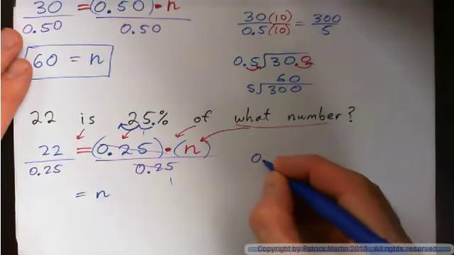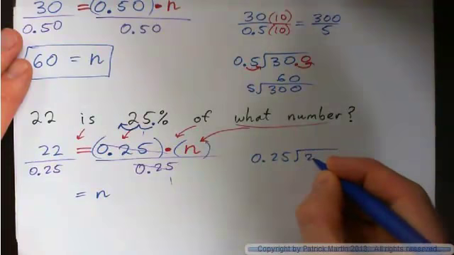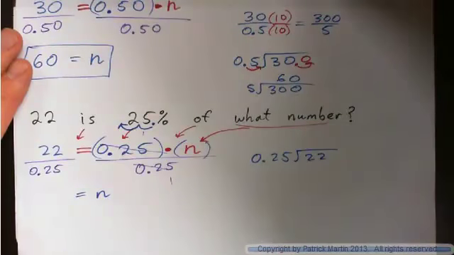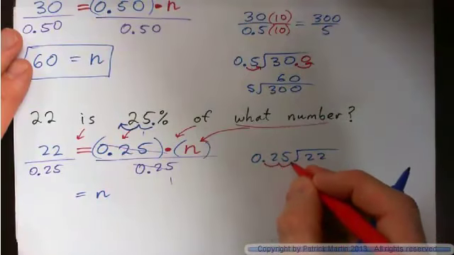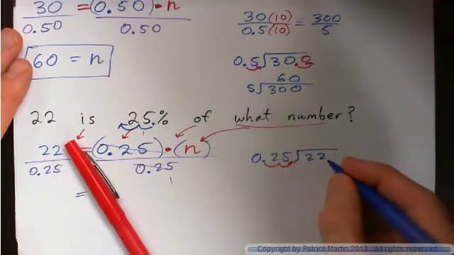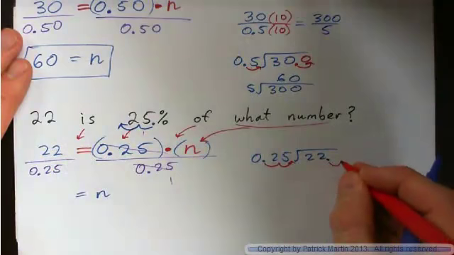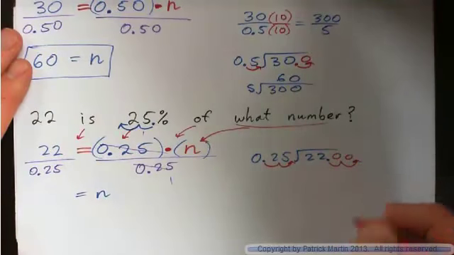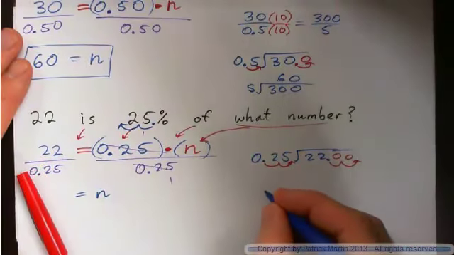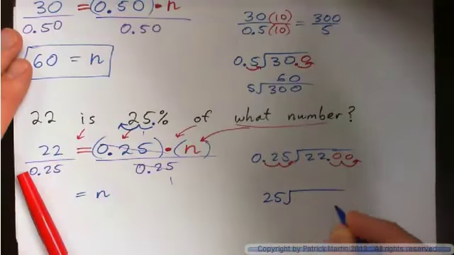So that is 0.25 into 22. And I can't divide a decimal into something. So I must move this decimal point 2 spaces to the right, and also move this decimal point 2 spaces to the right. Okay? So that gives me 25 into 2200.